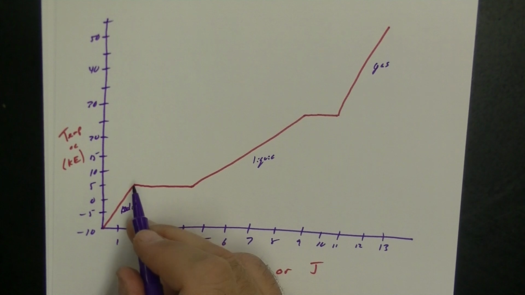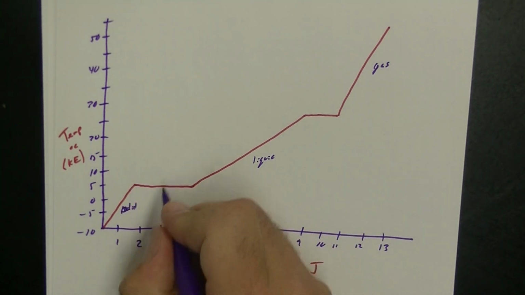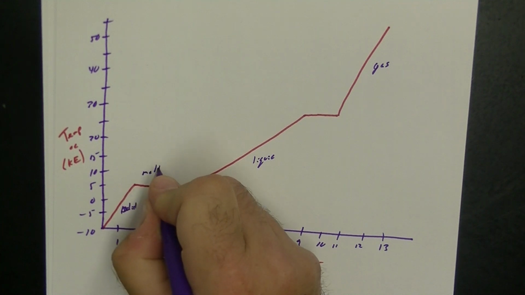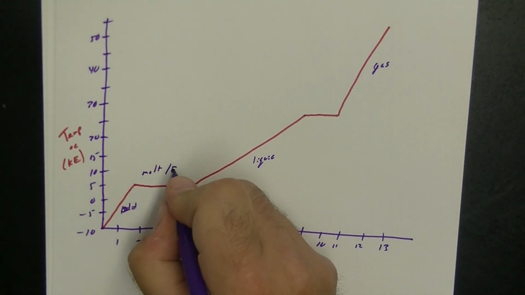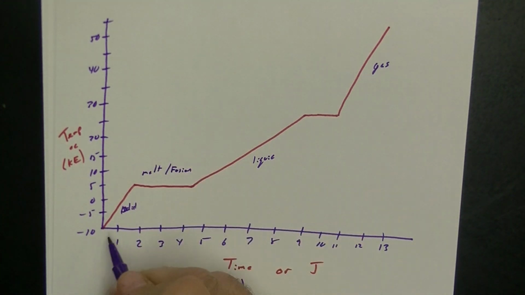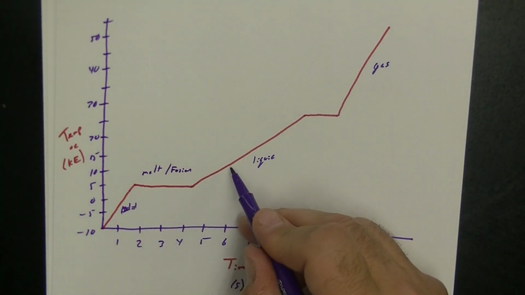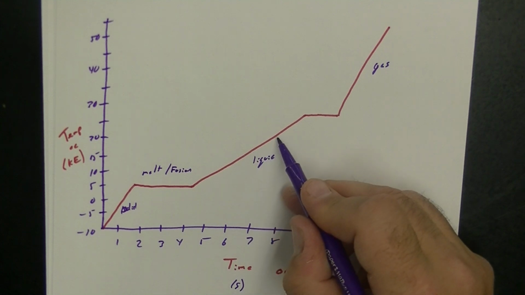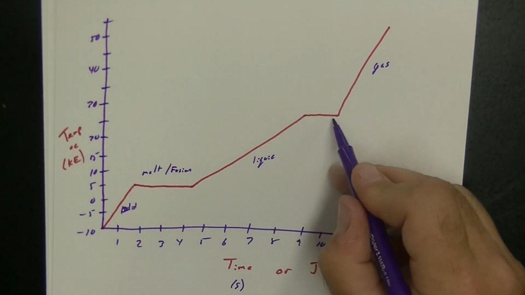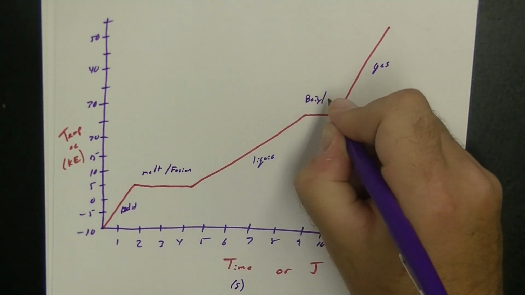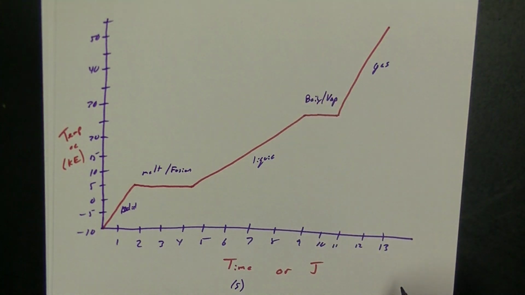If we're going in the up direction, this plateau right here is melting or fusion. So we go from a solid to a liquid. Now we're warming a liquid, we add heat, temperature is increasing, and eventually we get to this plateau. This is where boiling or vaporization occurs.